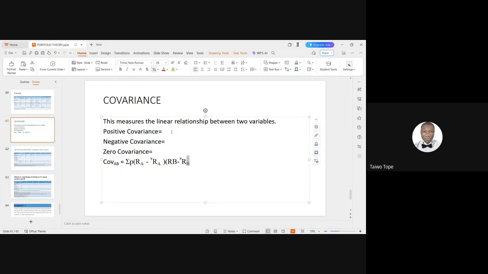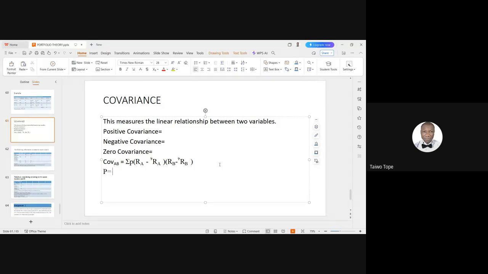So you have it in this form. So this is covariance. Write it well in your book. When we start solving, I will not have any story.